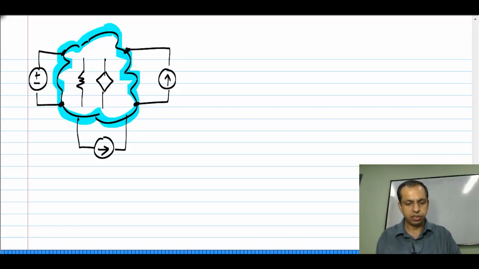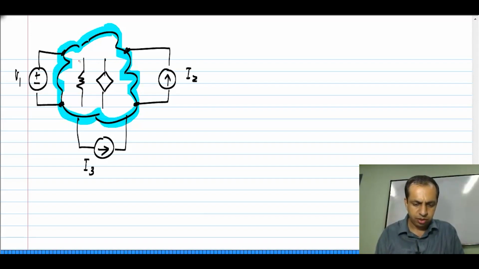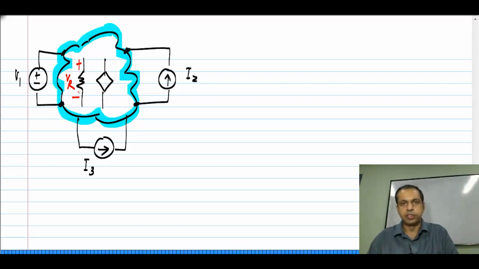We have discussed this earlier in the first unit, that the VI characteristics of these do not pass through the origin, they do not obey superposition, but what is inside this box? They are resistors and linear controlled sources. So, they are linear. And let me label these V1, I2, I3. Now, we have to be calculating for something in the circuit. So, I will highlight a particular voltage, let us say the voltage across this resistor.